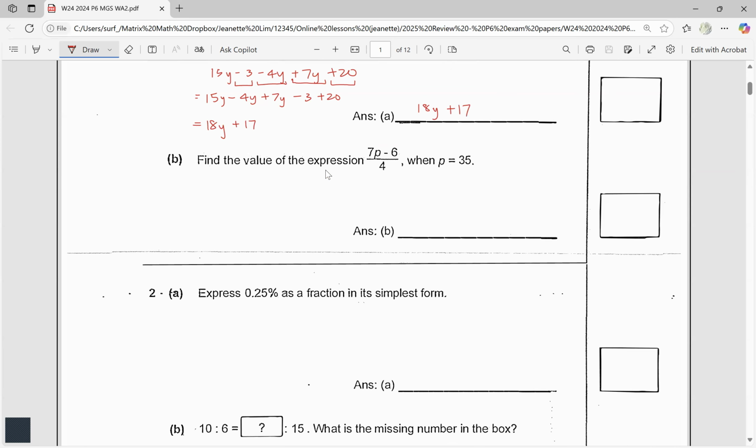Next, find the value of the expression 7p minus 6 over 4 when p is 35. Okay, 7p means 7 times p, so 7 times 35. Then minus 6 and divide by 4. 7 times 35 is 245.